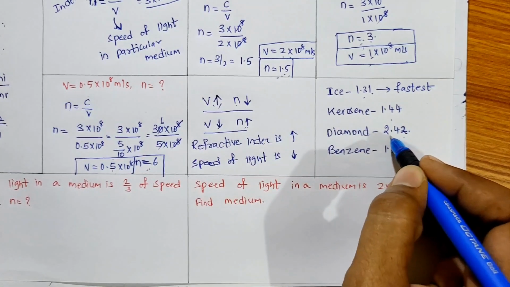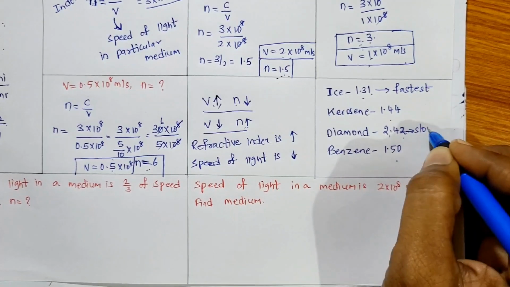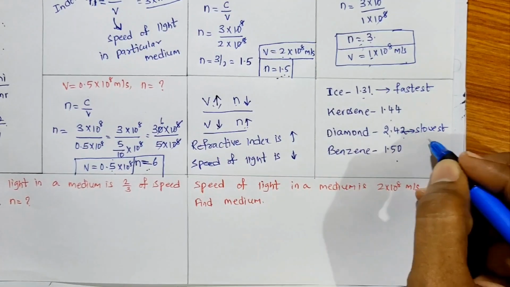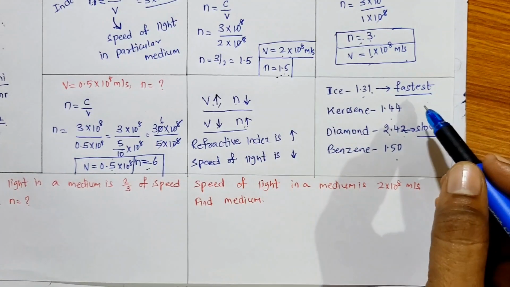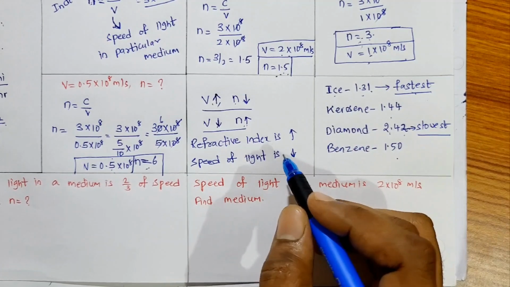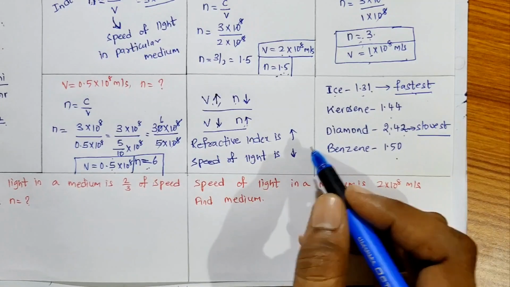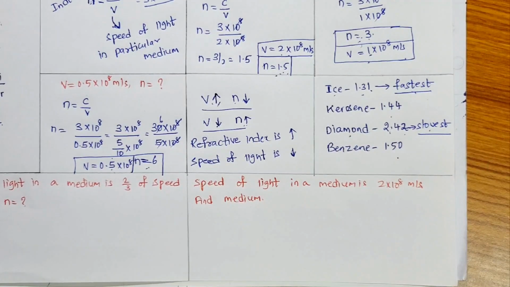Where refractive index is more, there light will travel slowest. So first question, in which medium light will travel fastest? In ice light will travel fastest. In which medium light will travel slowest? In diamond light will travel slowest.